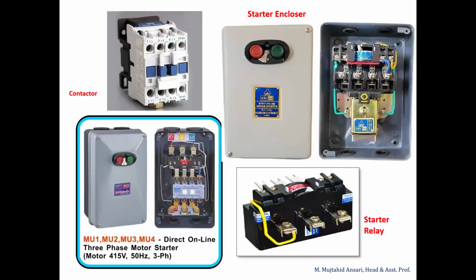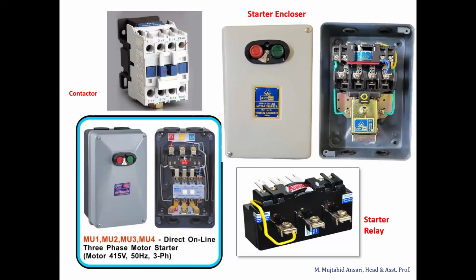Now see the different actual components. This is the contactor. Under the on condition, the contactor gets pushed inside at the back. So the contactor is on. 1, 2, 3 are the phase contacts, and one is the auxiliary contact as explained. Now this is the starter relay, the bimetallic relay.